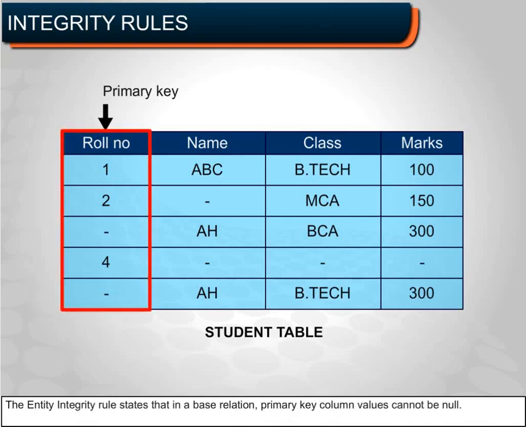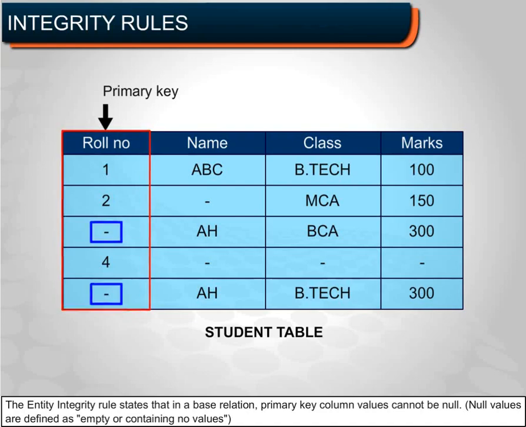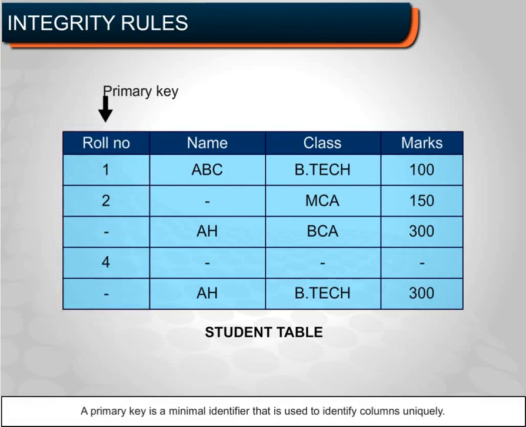The entity integrity rule states that in a base relation, primary key column values cannot be null. That is, null values are defined as empty or containing no values. A primary key is a minimal identifier that is used to identify columns uniquely.